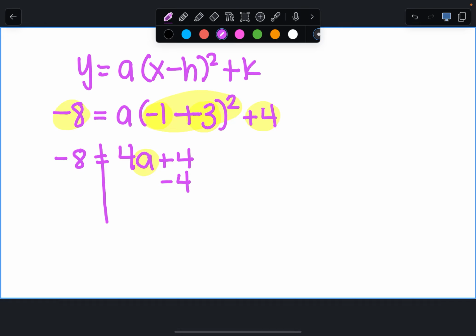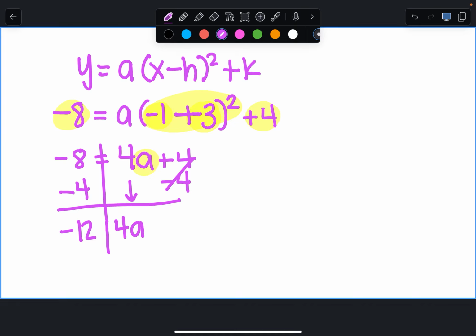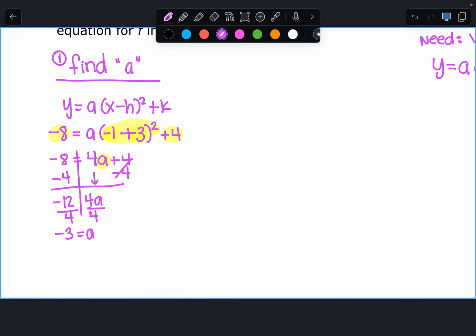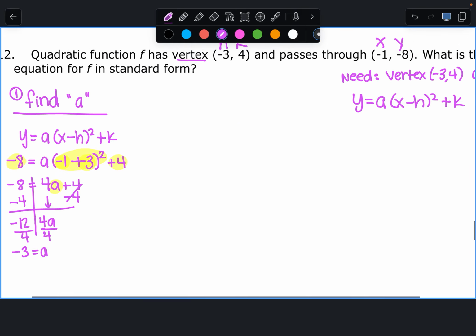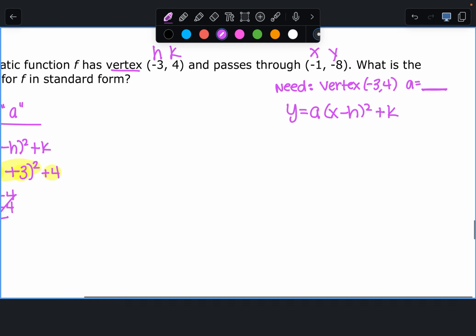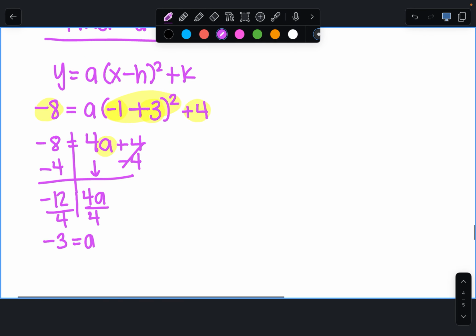You want to move the numbers away from the a, not move numbers to the a. So -8 minus 4, and then bring down 4a. Last step: a is equal to -3. Does anybody need more time to copy that part?